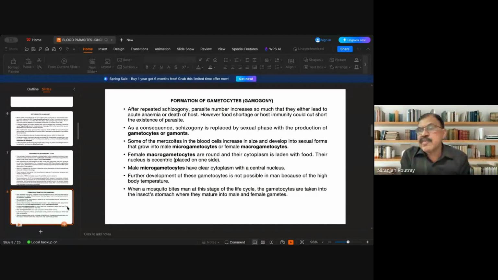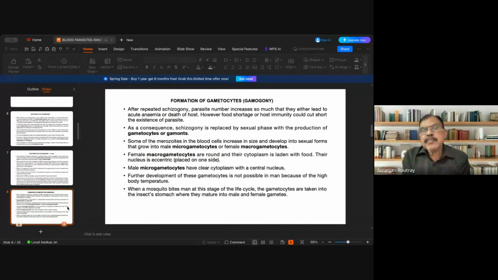On that basis, the position of the nucleus, we can easily locate the macrogametocyte and differentiate it from the microgametocyte. The microgametocyte has a clear cytoplasm and a central nucleus, because no food is required, and it gives rise to the male gametes.